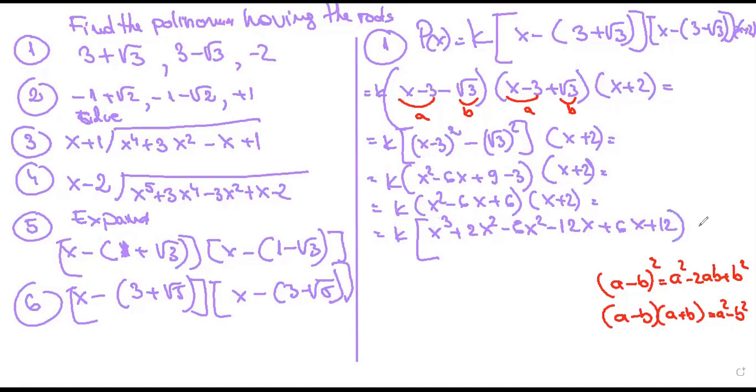And now we collect the like terms, which becomes x cubed minus 4x squared minus 6x plus 12. Correct. That's the final format. Okay. We are going to leave it.